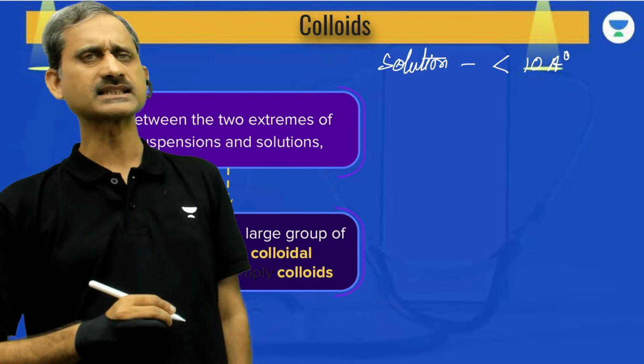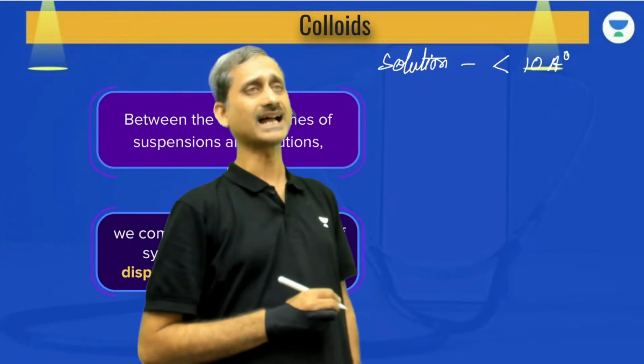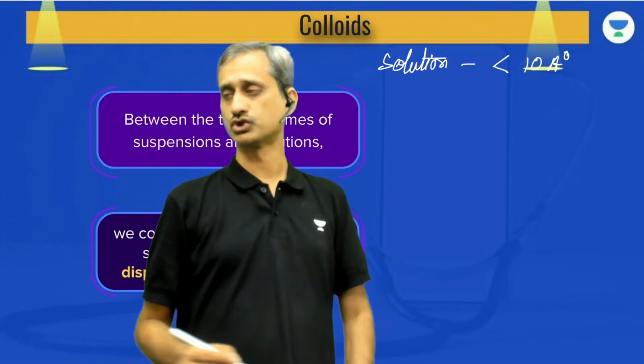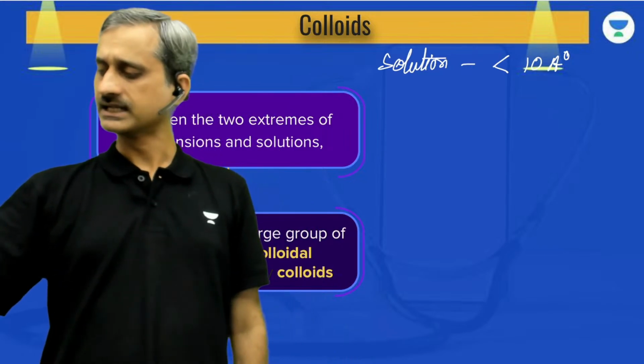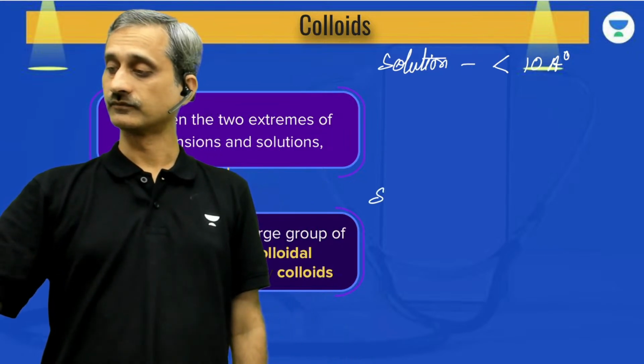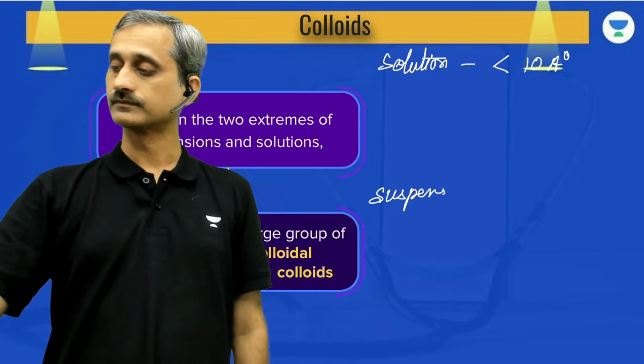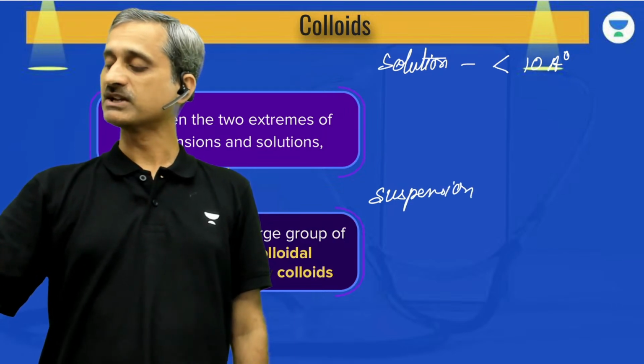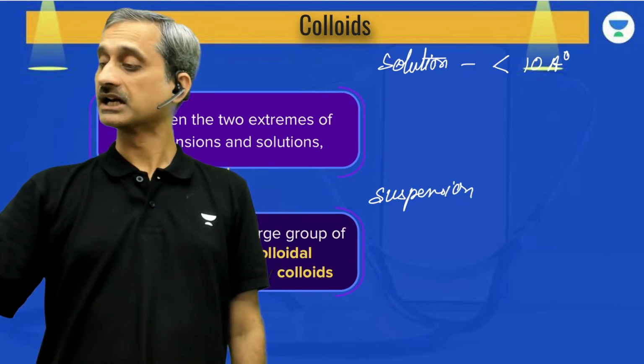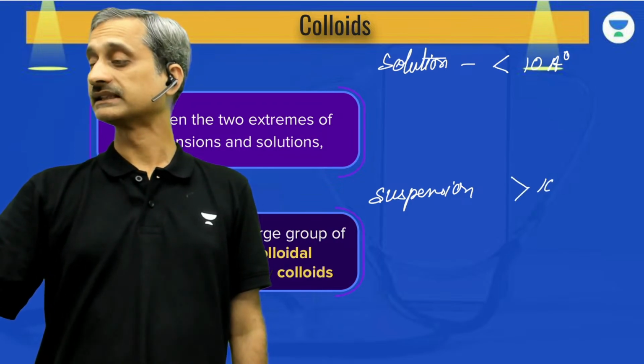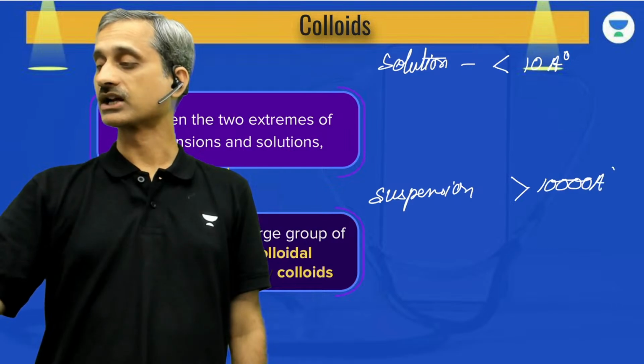When the particle size is less than 10 angstrom, then in that case we call it a solution. When the particle size is greater, we have a suspension. Suspension means the particle size is greater than, let us say, 10,000 angstrom.